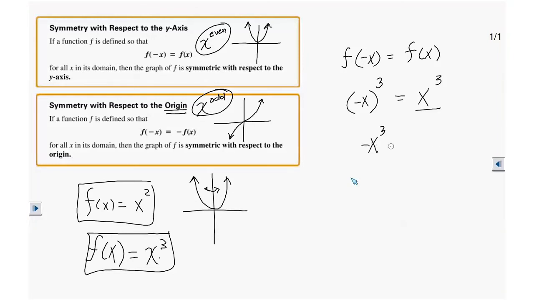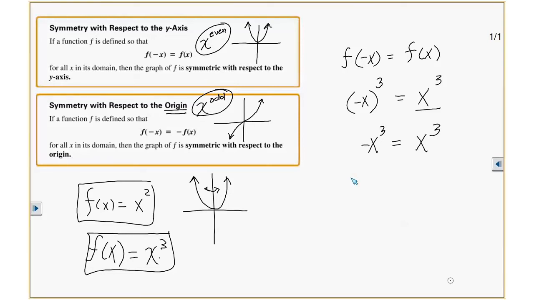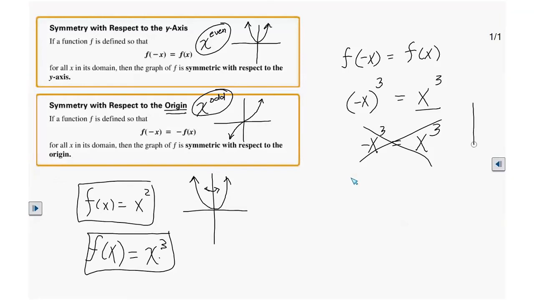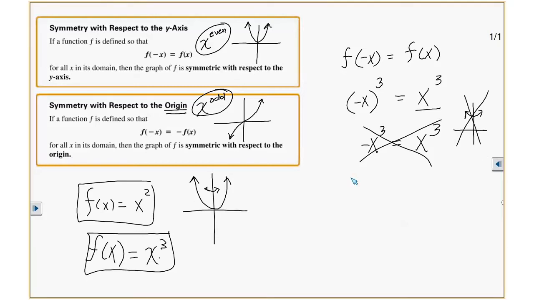Negative x cubed. Are these two equal? No, they are not equal. So therefore, it is not symmetric around the y-axis. So you move to test 2. And test 2 says what? F of negative x is equal to negative f of x.